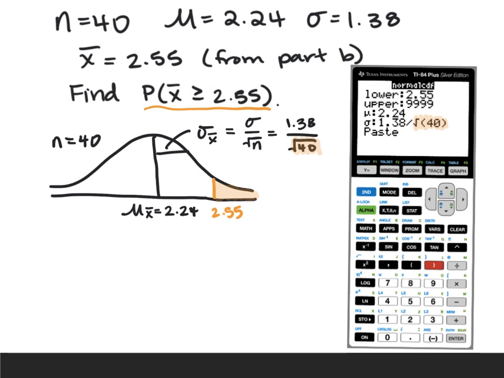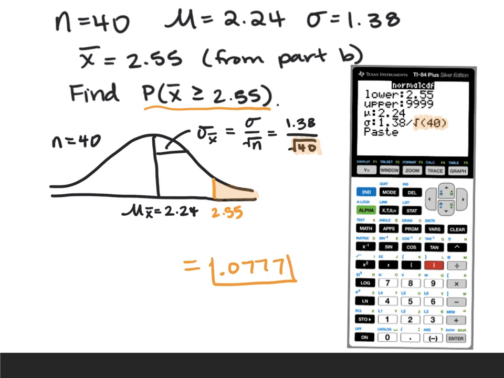And once I calculate, I will get my answer, and it's looking like we're getting 0.0777. It was 0.07769, but that 9 will round the 6 up to a 7.